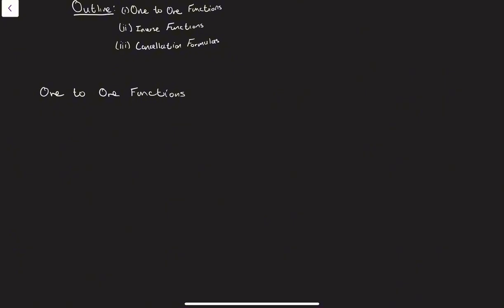Let's just underline this, one-to-one functions. So essentially, a one-to-one function is a function that for every x input, we have one and only one output. So let's write down a definition for this.